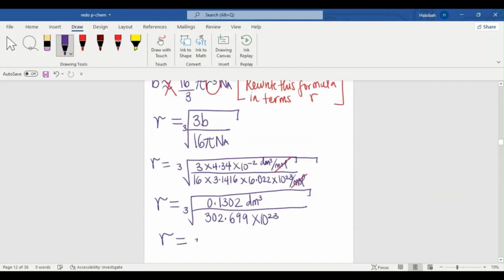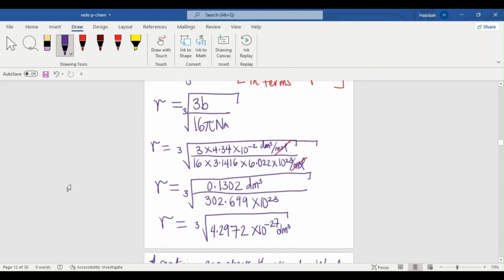Next we have the cube root of the division of what is inside the cube root. When we do that, we end up with 4.2972 times 10 to the power negative 27 dm cubed. When you cube root this value, you have r.